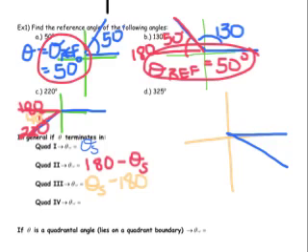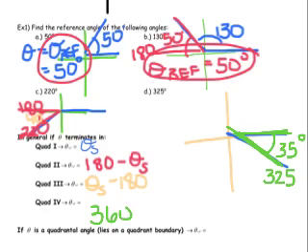So I'm going to take my terminal side and go to the closest x-axis. If this is 325 degrees, that's 35 degrees away from the closest x-axis. I got that by doing 360 minus the theta standard given.